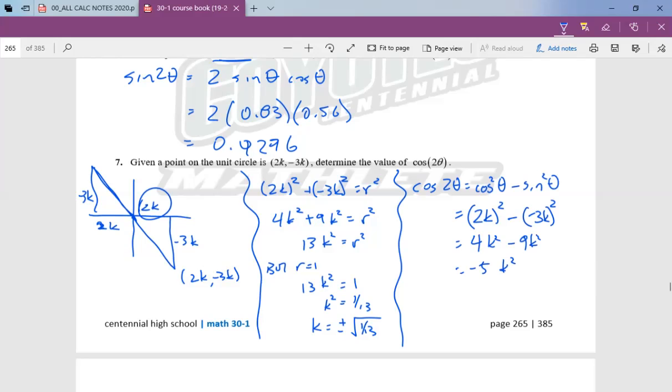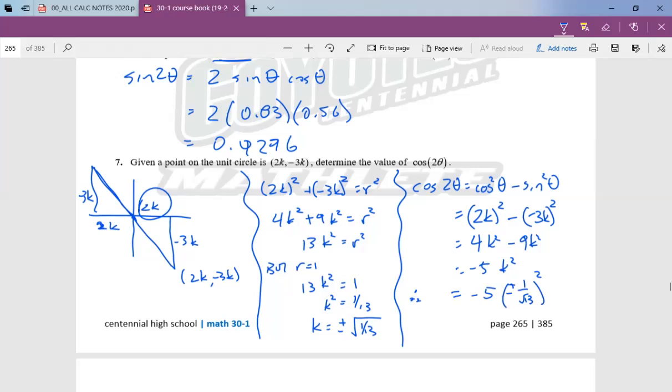Now, we have the fact that k is equal to plus or minus square root of 1/13. So therefore this is equal to negative 5 times plus or minus root 1/13, squared. Squaring it does two things. It gets rid of the radical, so it's just 1/13.